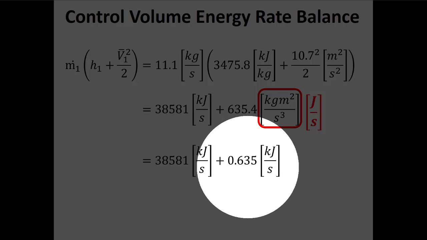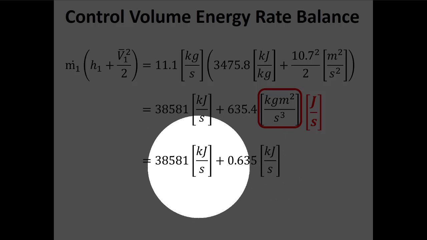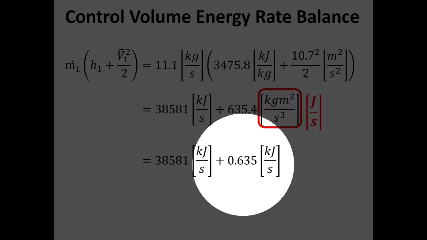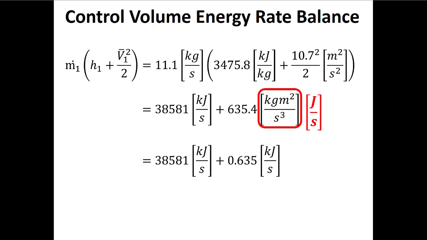From the kinetic energy, I get 0.635 kilojoules per second. This number is much, much bigger than this one. So maybe, and we'll try it both ways, but if I neglected this term, if I said the kinetic energy wasn't important, I would get essentially the same answer.